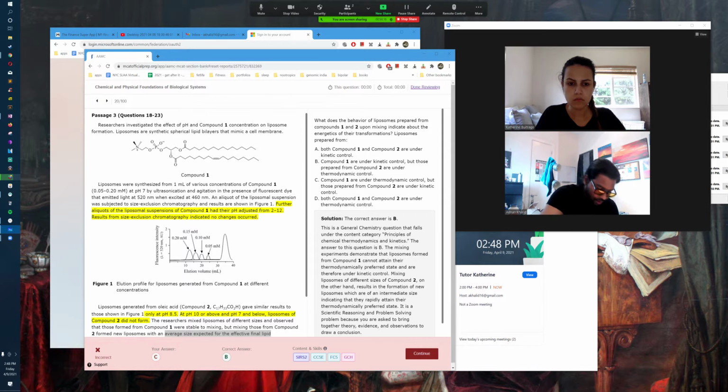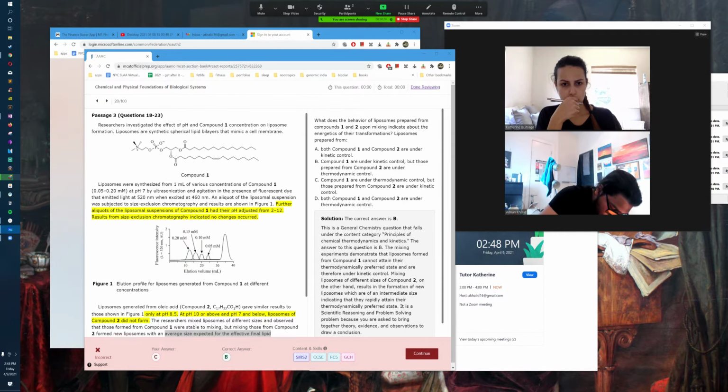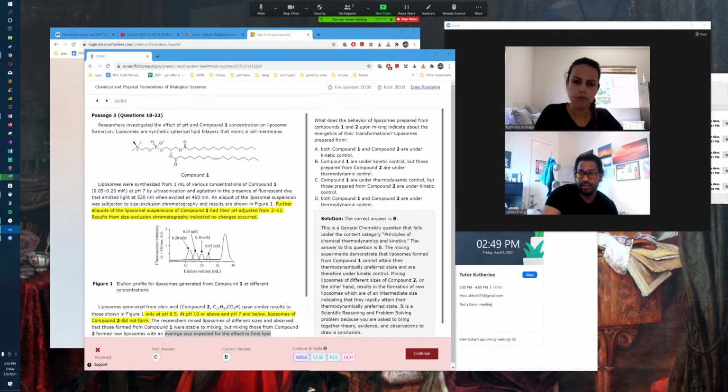Now, the energy difference between the reactants and the products is a thermodynamic quantity, because it's simply the stability, the energy level of the reactant compared to the stability of the product.